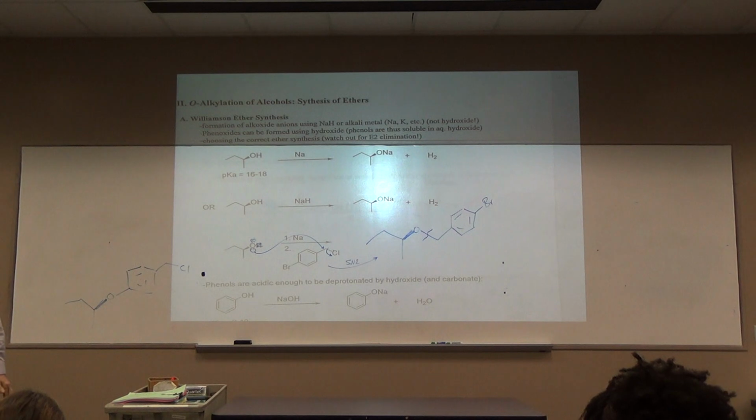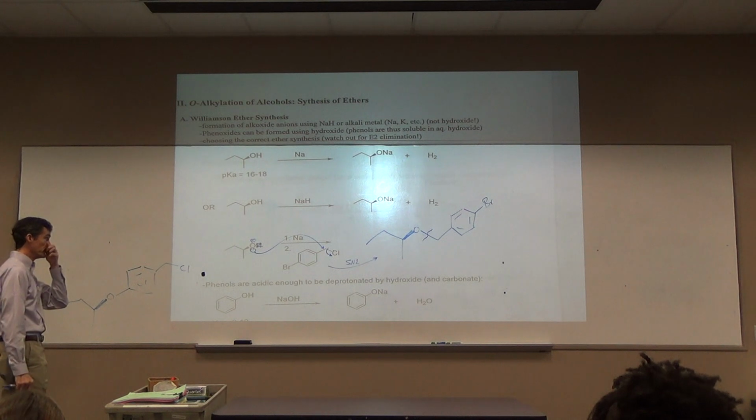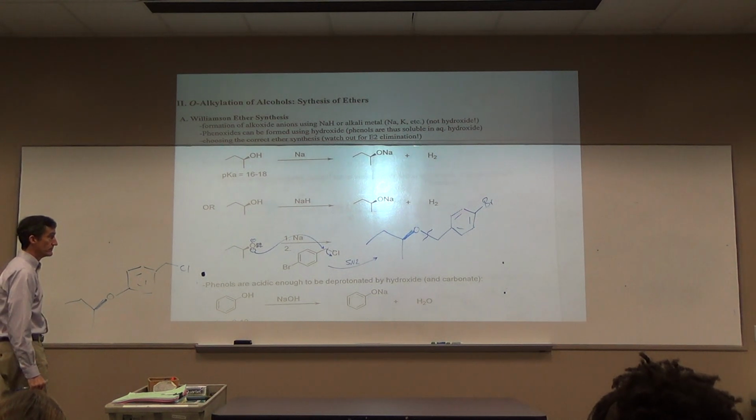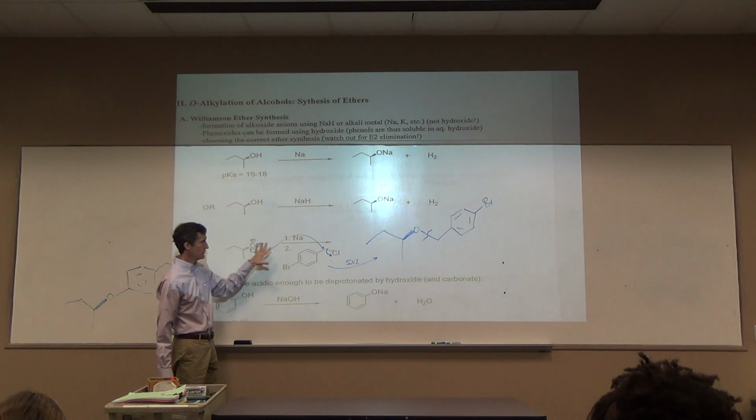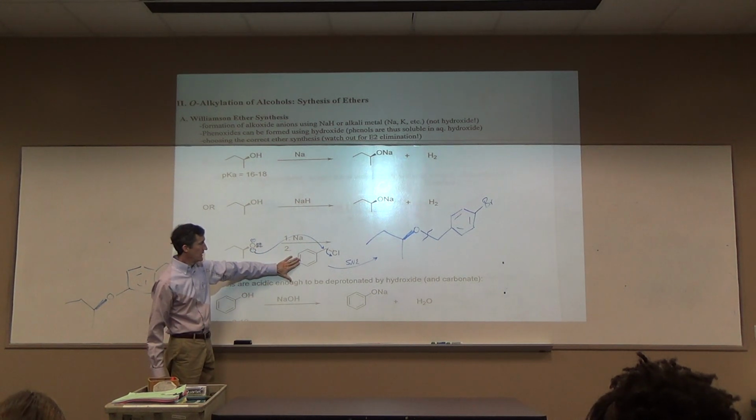When we get to test 2, we'll displace leaving groups from sp2 carbons, but it won't be by SN2, it'll be by a new mechanism. You're not going to displace this by a traditional reaction that you know already.